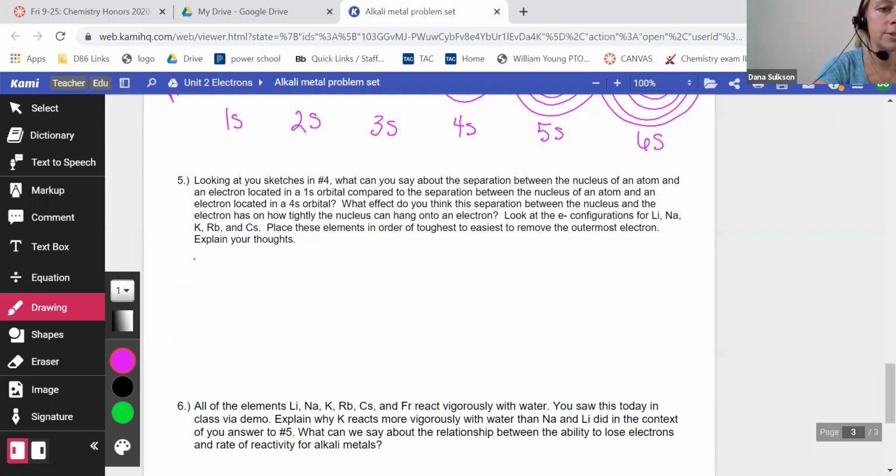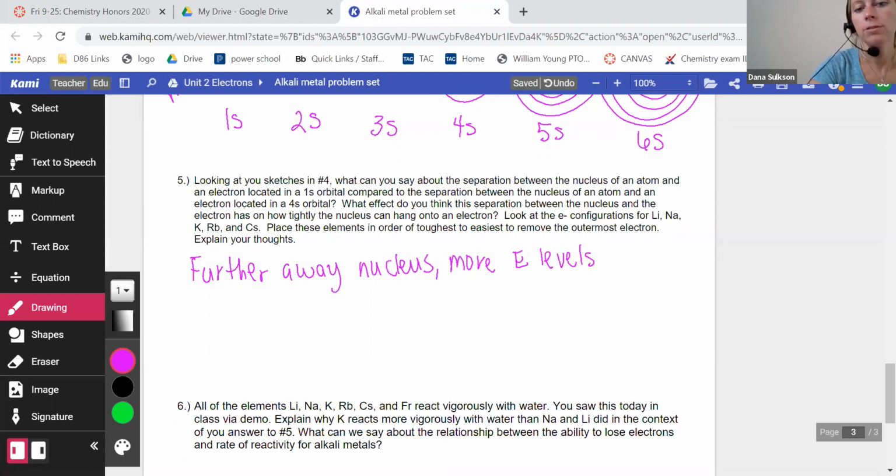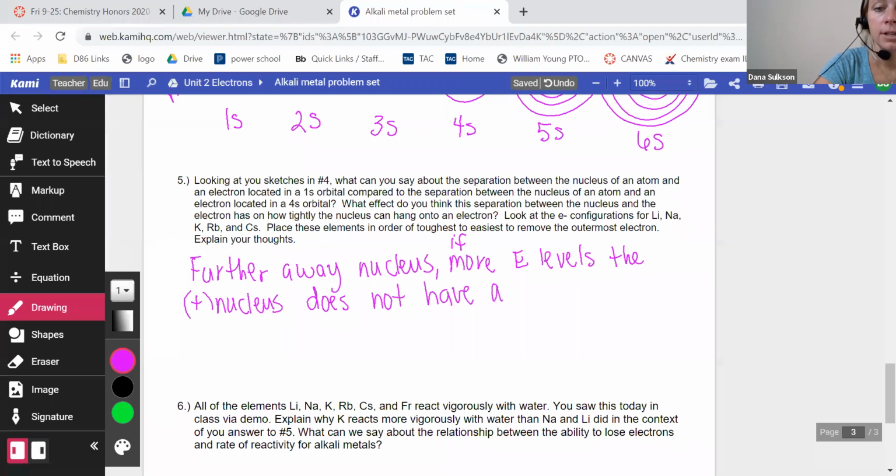So the further away from the nucleus, there are more energy levels. If you have more energy levels, the positive nucleus does not have a strong hold.